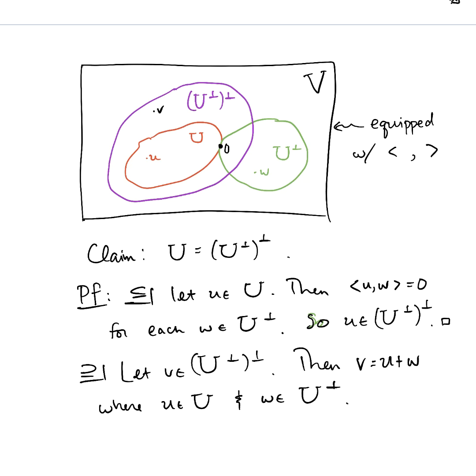Okay, fantastic. Now look at where V minus U lives. Then V minus U, okay, well that's a thing in the purple, take away another thing in the purple, so that's definitely in the purple.